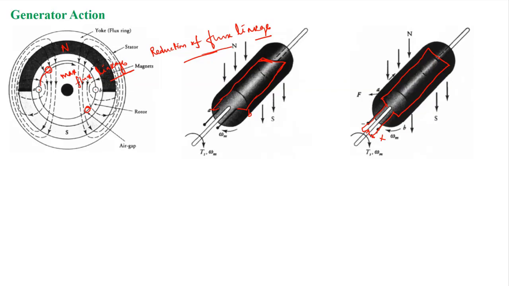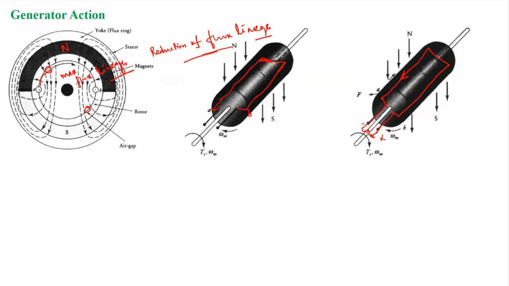more and more. So if I put the current direction in this way, in this direction, then by the circuital law, what direction will your flux path be because of this current? So will your flux linkage reduce or increase?